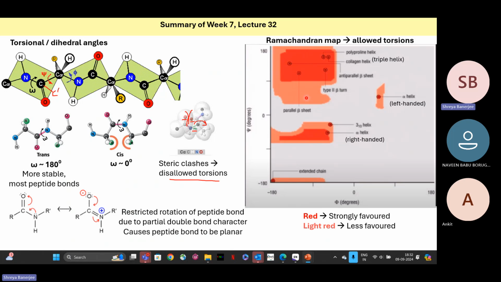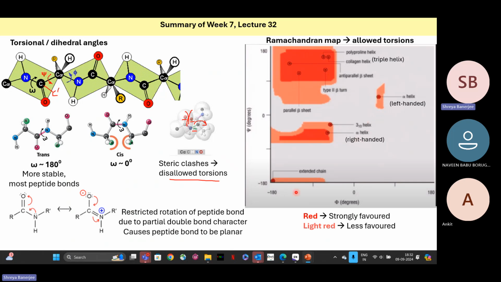So they are often called partially allowed regions. So this Ramachandran plot basically shows you what are the allowed phi Chi torsions in any protein that you can have. And you can see different regions of the Ramachandran map actually belong to different secondary structures.